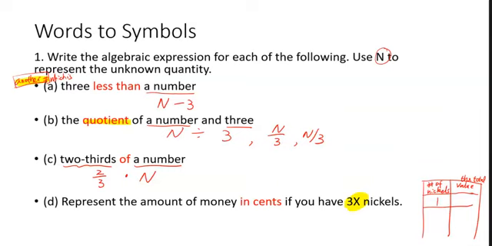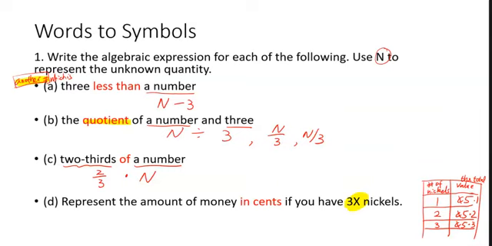Okay, so if we have 1 nickel, we know 1 nickel is worth 5 cents. But if we have 2 nickels, then we have to take the value of 1 and multiply by 2. If we have 3 nickels, we have to take, again, 5, which is the value of 1, times 3. As you can see, you kind of see a pattern here already.